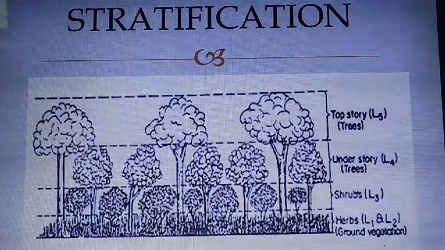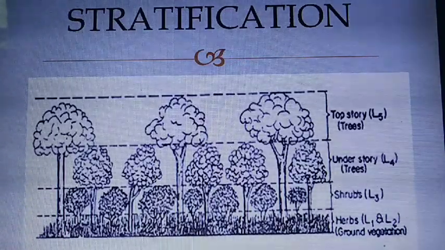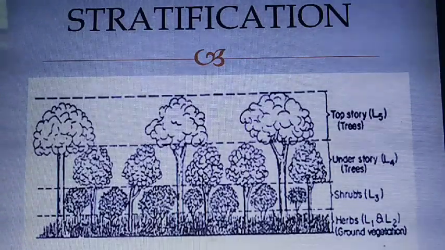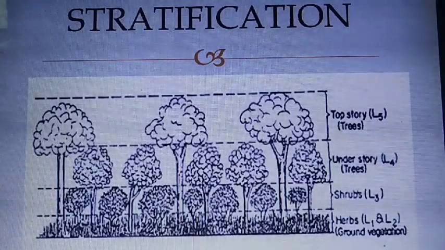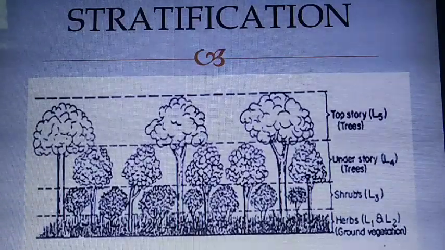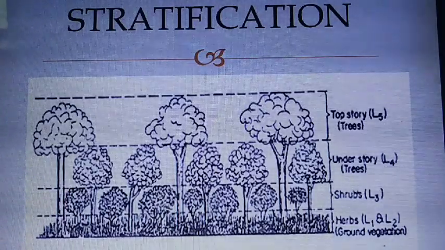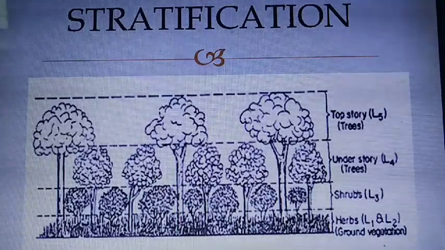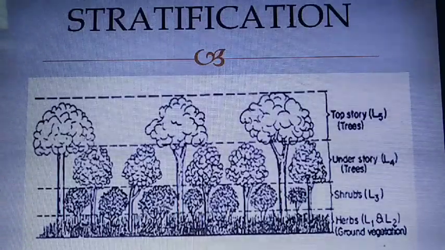As you can see in the picture, there is some ground vegetation marked by L1 and L2, which constitutes the herb layer. Then L3, the shrub zone. Then L4, understory trees, that is, trees that are shorter in height, and the top story, that are the tallest trees. This layering pattern is what we call stratification.